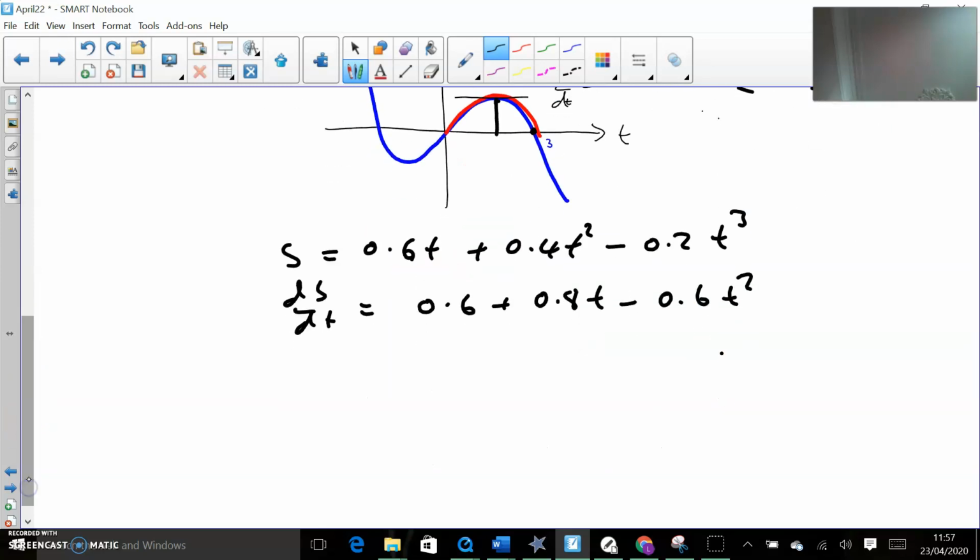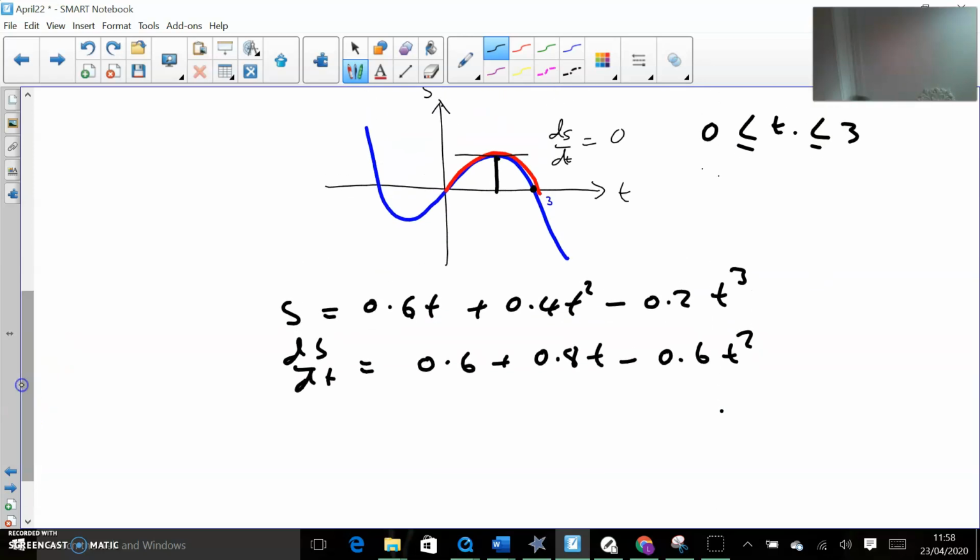And then to find the maximum, when the distance is a maximum, ds by dt equals 0. So we make that equal to 0, and we'll solve that. Now we can multiply by 10 and divide by 2. That gives me 3 plus 4t minus 3t squared equals 0.